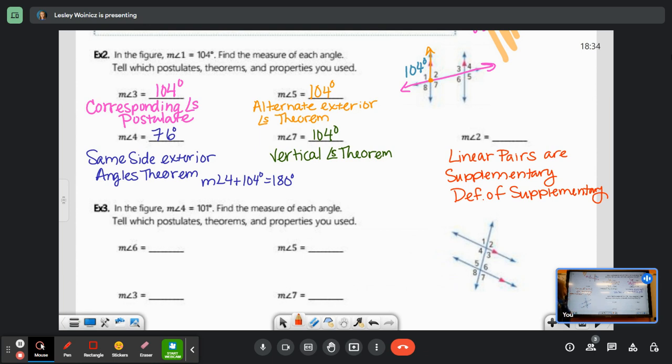So by the definition of supplementary, the measure of angle 2 plus 104 degrees has to be 180 degrees. Okay, so just like angle 4, the measure of angle 2 is 76 degrees. Whew. All right.